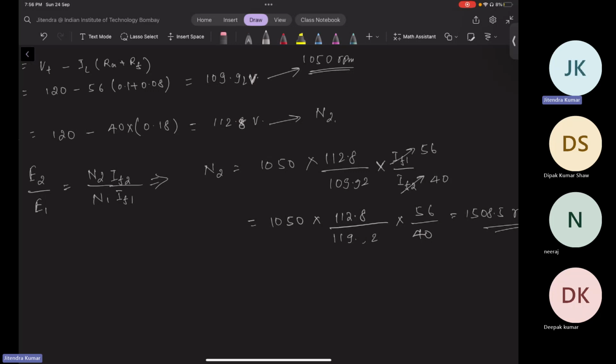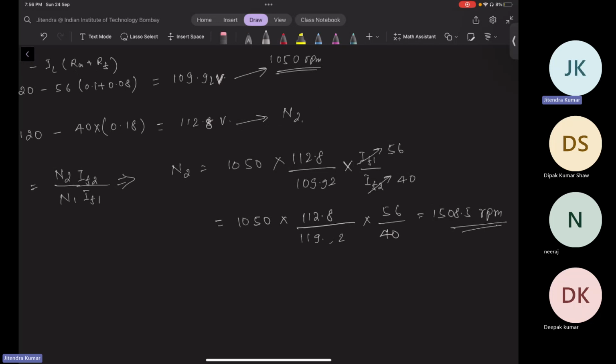From this answer, you can see that the speed is higher than the rated speed. So from this solution, it appears that it is in field weakening, right? But there could be another answer which could be below the base speed with low torque capability.